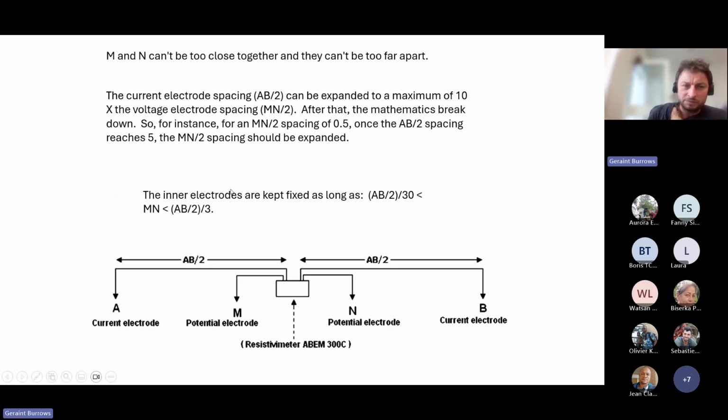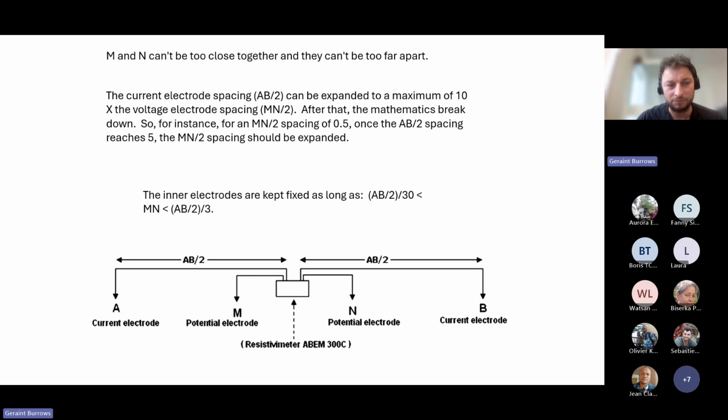There are certain mathematical rules associated with the distance between M and N compared to the distance between A and B. These are summarized through this formula, where the inner electrodes are kept at a fixed distance as long as AB/2 divided by 30 is less than the MN distance, and likewise AB/2 divided by 3 is greater than the MN distance.